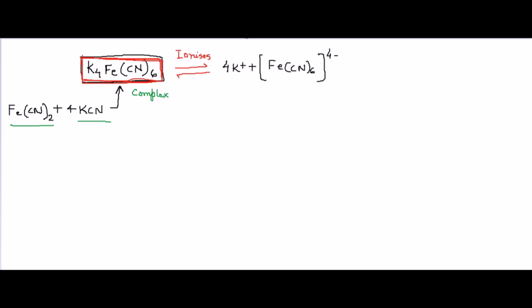So here we are not getting simple potassium or simple iron and simple cyanide ions. We are getting a complex ion, right? We are getting a simple potassium ion, and this is the complex anion. So a -4 charge is there. So we will call it an anion, and this anion is a complex anion, right?